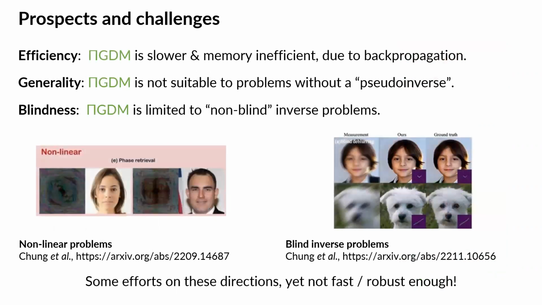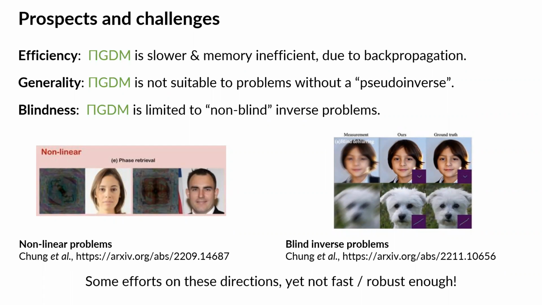So there are still some challenges for the current method. This is relatively slower compared to the earlier DDRM method. It's also slightly memory inefficient due to having to backpropagate through the diffusion model. Another problem is that we need a pseudo-inverse in order for this to work.